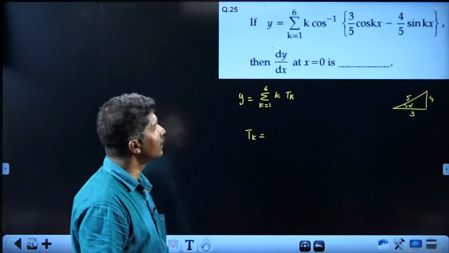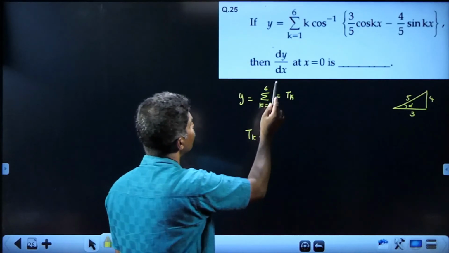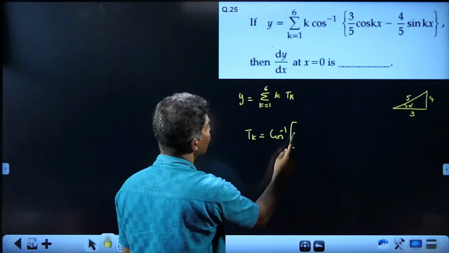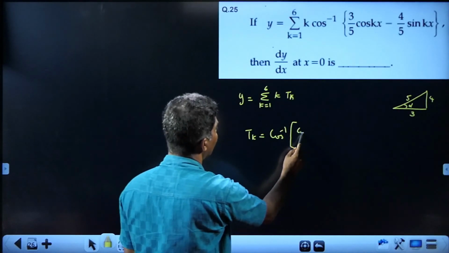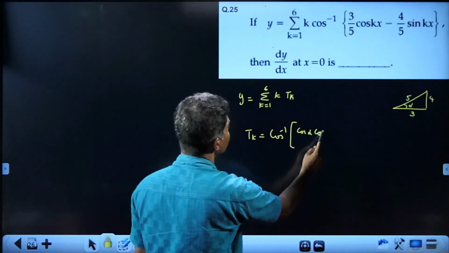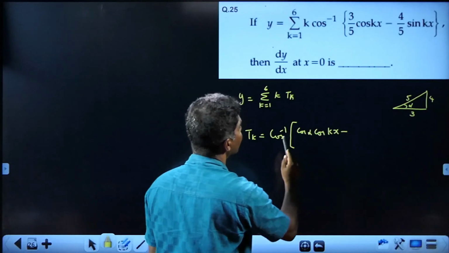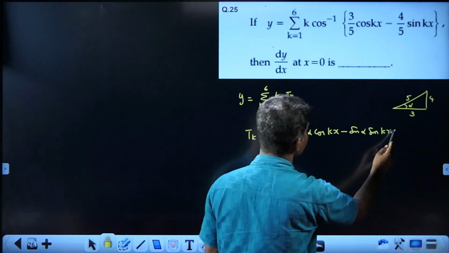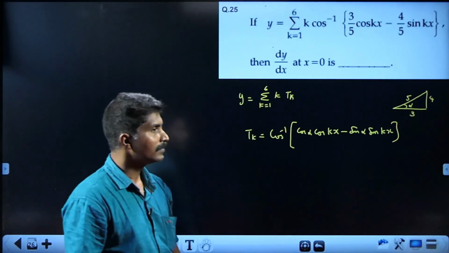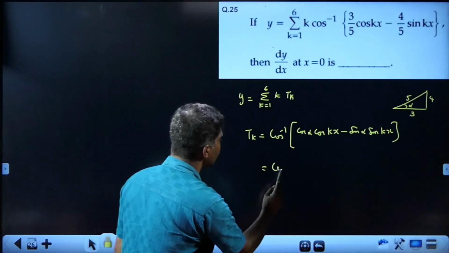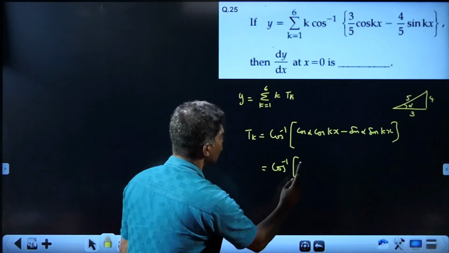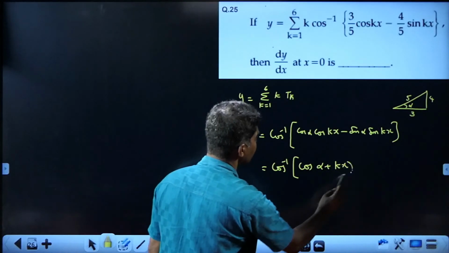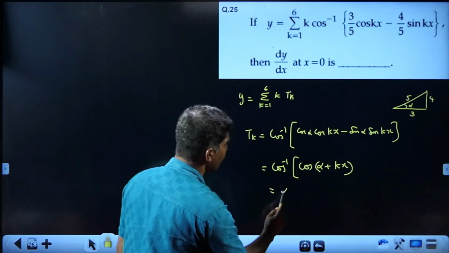So this is equal to cos inverse of 3 by 5 is cos alpha, cos kx minus sin alpha sin kx, that is equal to cos inverse of cos of alpha plus kx, that is equal to alpha plus kx.